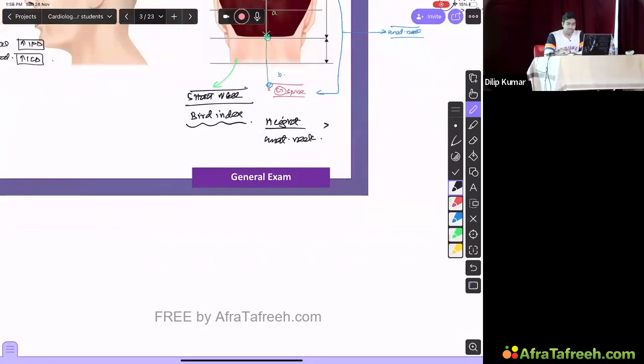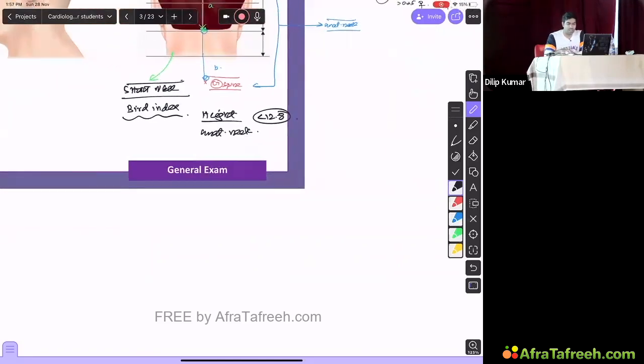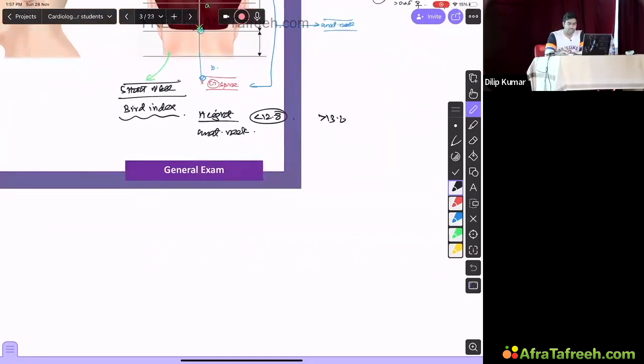Normally, this should be less than 12.8, which means if the neck is of sufficient length, this ratio will be less than 12.8. If it is more than 13.6, it is considered abnormal and suggestive of short neck. As the neck becomes smaller and smaller, the Bird index will keep increasing. Yes or no? So if this index is more than 13.6, it is considered to be short neck.